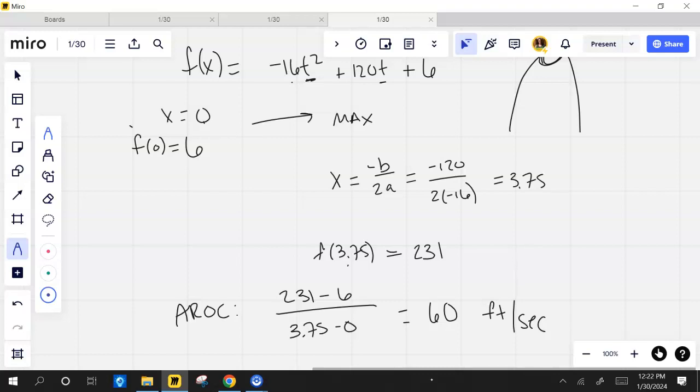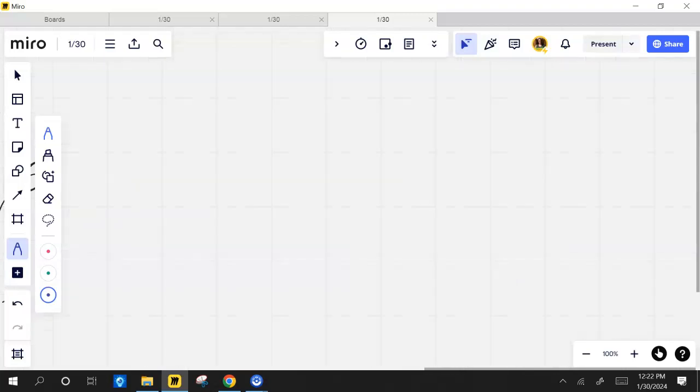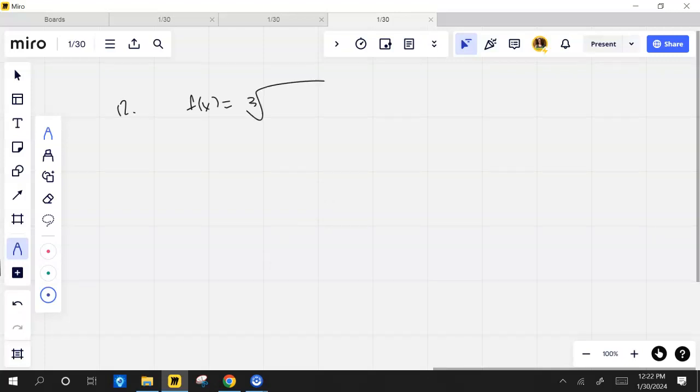All right, y'all done? What's the problem? Zero to 7, is that right? All right, so f of 0 would be cube root of negative 1. Cube root of negative 1 is just negative 1.